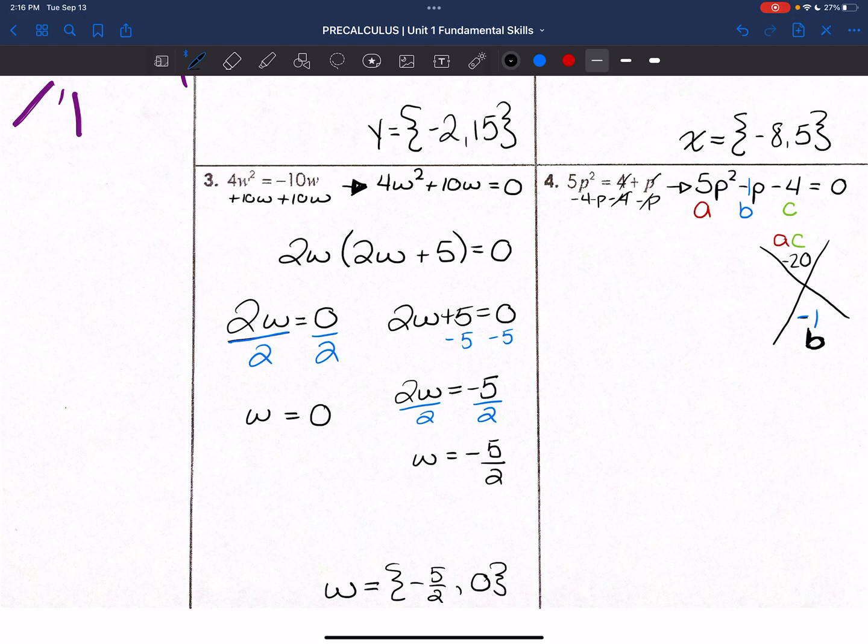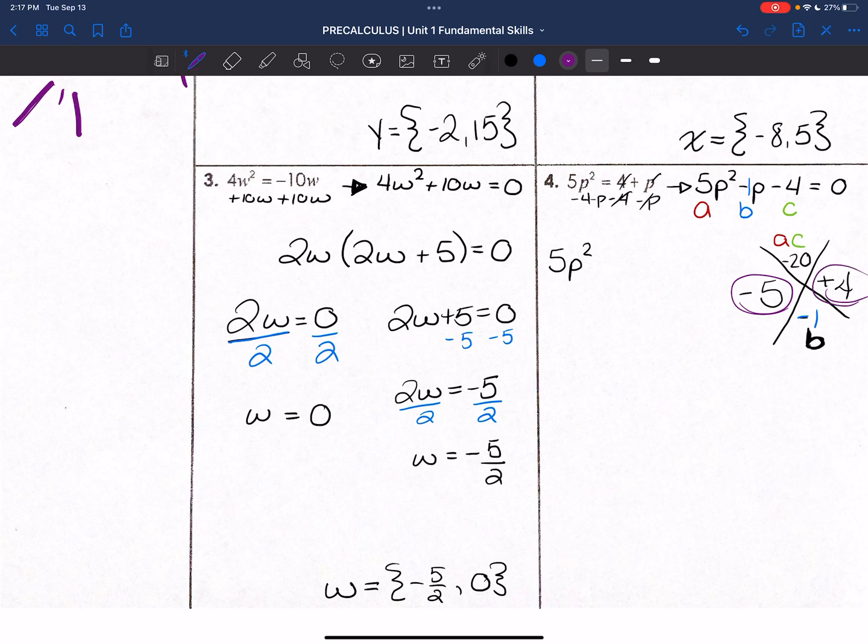All right, well, I'm going to have a negative and a positive, the bigger one being negative, and that is a negative 5 and a positive 4. Let's go ahead and rewrite our equation here. So we have 5p squared, and then we take this value here and this value here, and we use it to rewrite our middle term.